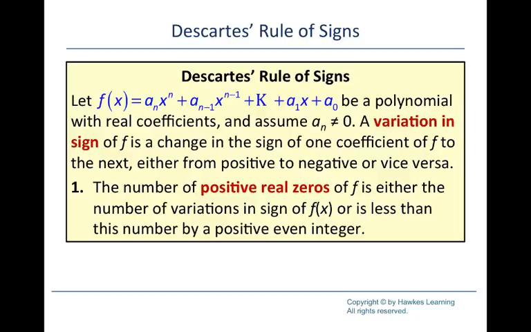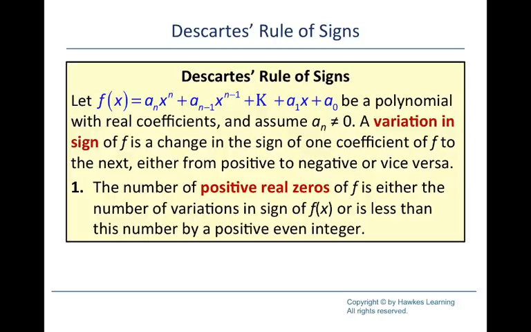Okay, now Descartes' rule of signs: you have a polynomial with real coefficients. Every time there's a sign change, from either positive to negative or negative to positive, in the polynomial, you count the number of sign changes, and the number of positive real zeros of f is either the number of variations in the sign or less than this number by a positive even integer.